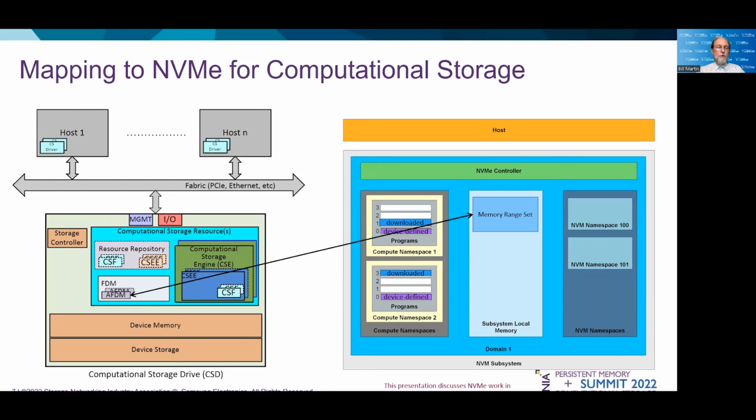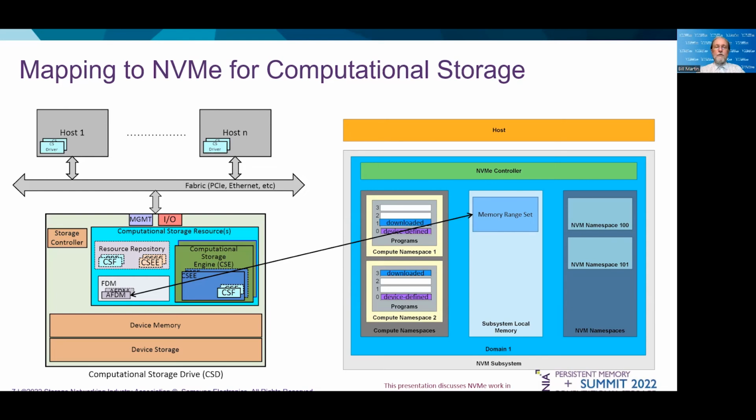you may want to, as I said earlier, look at the NVMe computational storage presentation done by Stephen Bates and Kim Malone. But basically, the one concept here that is important to note is a memory range set is actually not created in the subsystem local memory. The memory range set is defined within the compute namespace.